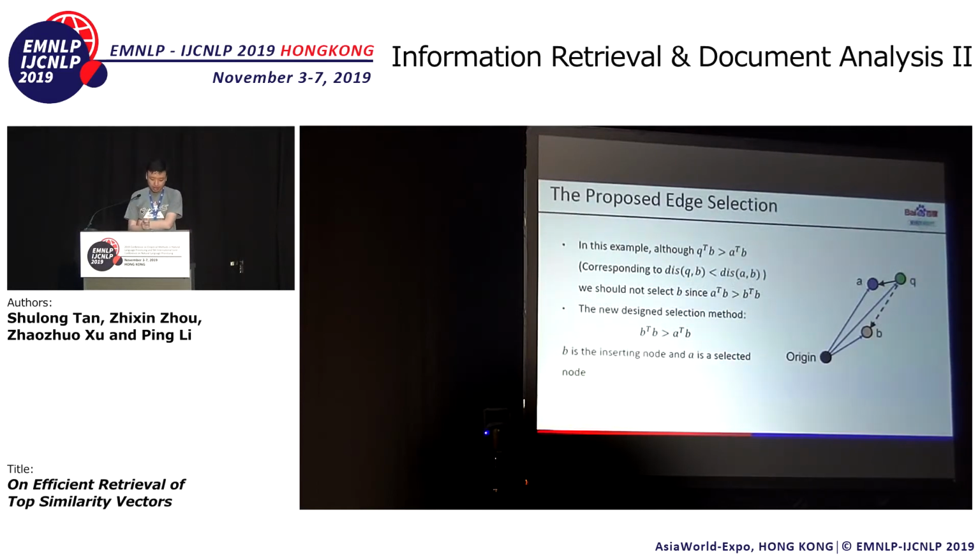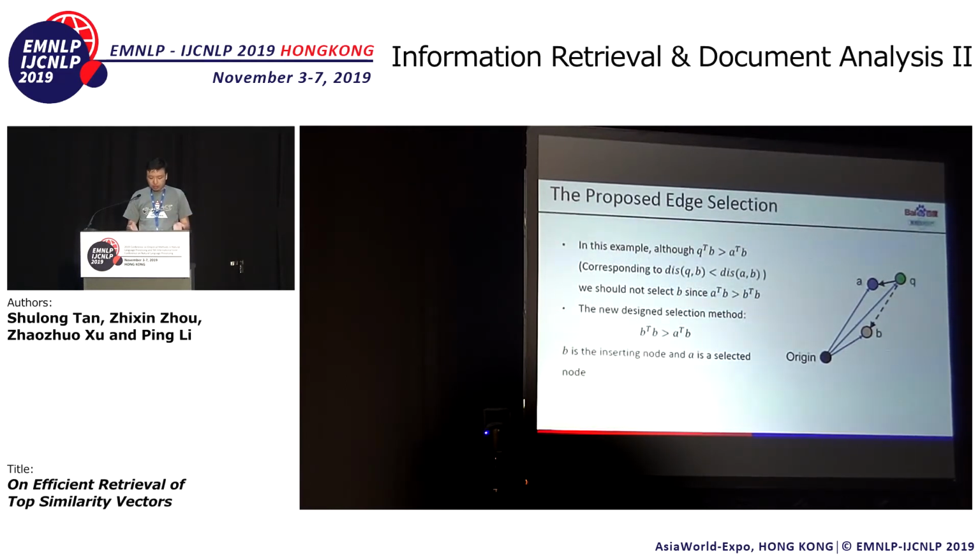Unfortunately, in the inner product case, that doesn't work. So rather than using that criterion, we create a new criterion for inner product search. That is, the norm square of B should be greater than the inner product of B with an existing neighbor A. This means if the inner product itself is smaller than with another existing neighbor, then we will not connect to that vector.